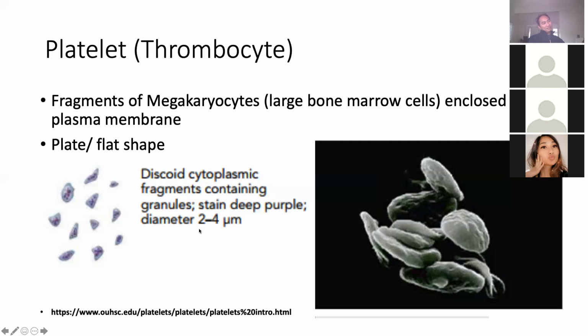Its diameter is 2 to 4 microns, which means even the largest platelet is just half the size of the RBC, because the size of RBC is about 7.5 to 8, and the biggest size of the platelet is 4 microns. So that's the way you try to relate the sizes of each cell to each other.